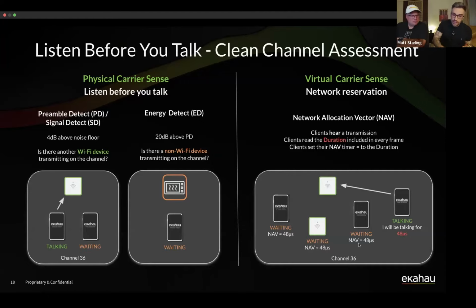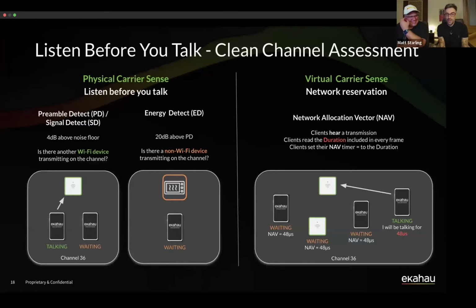However, on this right-hand side, our virtual carrier sense is when we can detect that there are other Wi-Fi devices on the same channel, so access points to access points or client devices to client devices. In this example, we can see that all in this channel 36 threshold, and we've got the client device over here that's transmitting, and it basically informs everybody on the channel, hey Stu, hey Justin, hey Dale, hey Mike, I'm going to be talking for the next 40 minutes straight is probably what you're thinking.